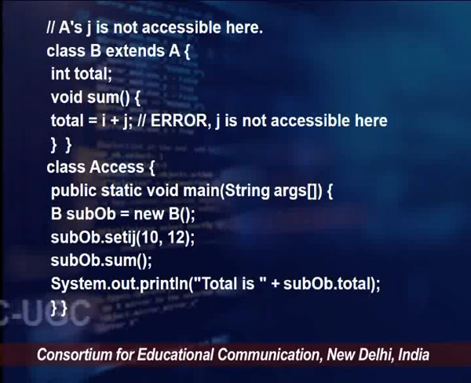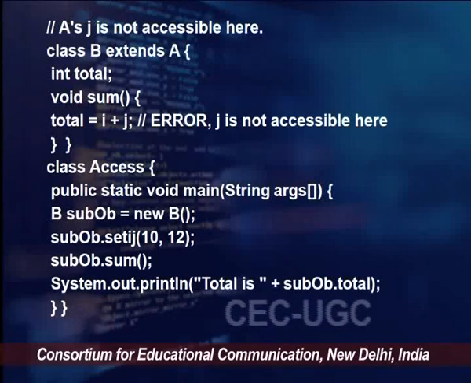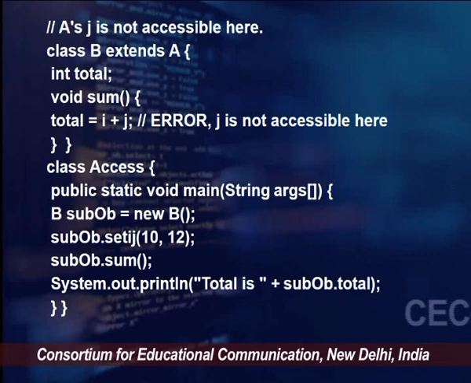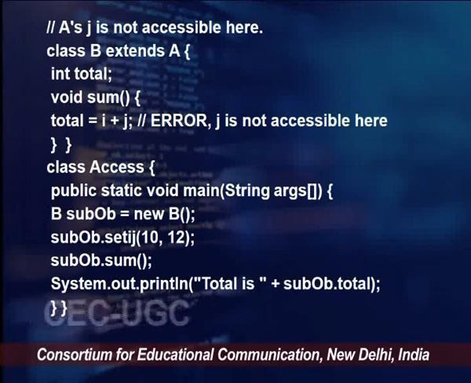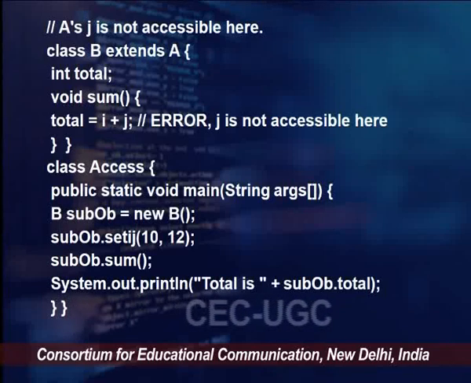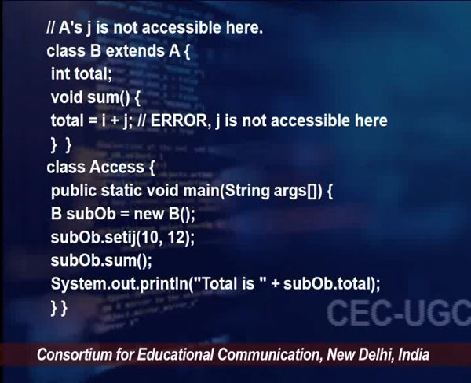We could have used this situation as we did in our previous program, with one more class, and within the class we have our public static void main, the main function, which creates one object belonging to the subclass B, uses subob dot setij and gives 10, 12.